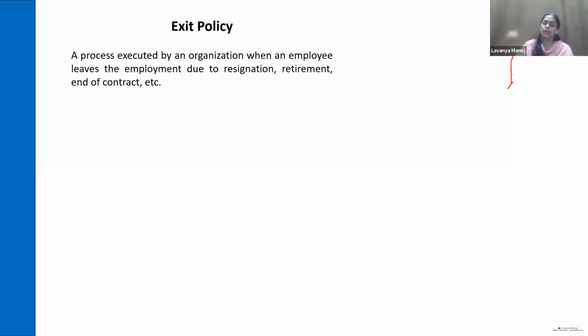In the case of worker-level employees, they may be given particular tools. So they have to surrender those tools and their access cards and everything. These are the procedures, and they have to fill up a form stating that they are not taking anything, and they have handed over everything to the management or to the HR.